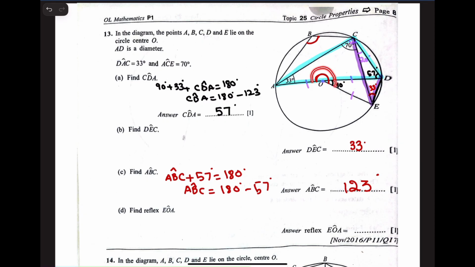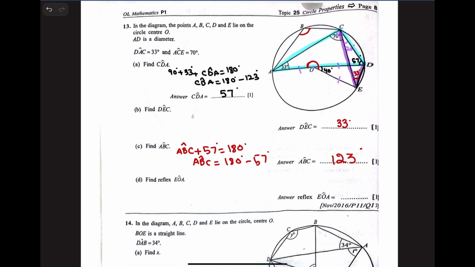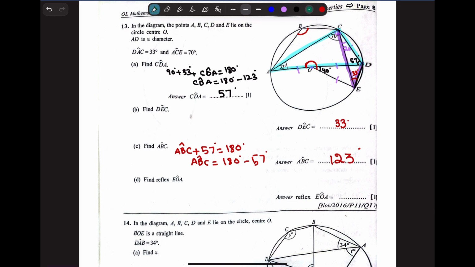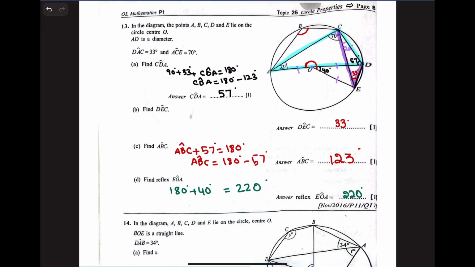So 180 plus 40 gives you 220 degrees. So the reflex angle EOA, this angle EOA, is obtuse, but they're asking for the reflex angle, so it is going to be 220.